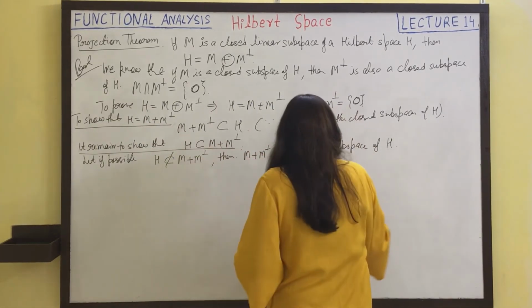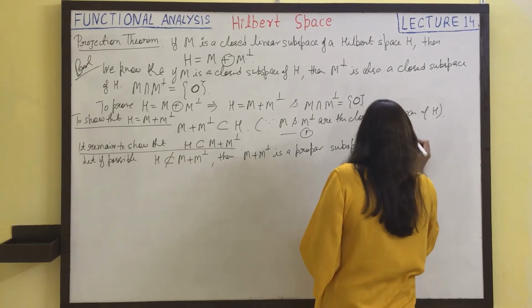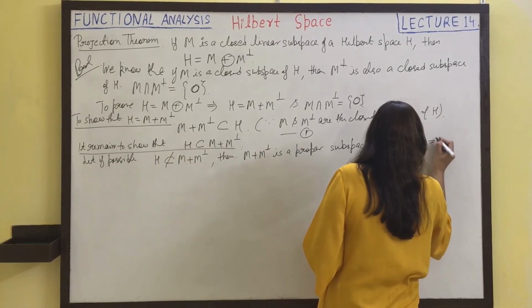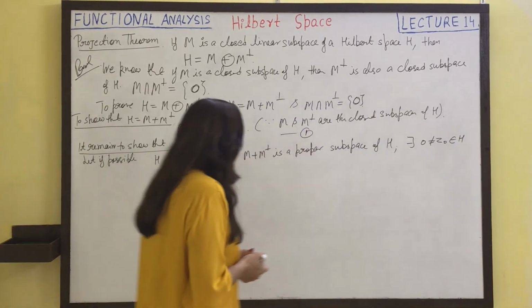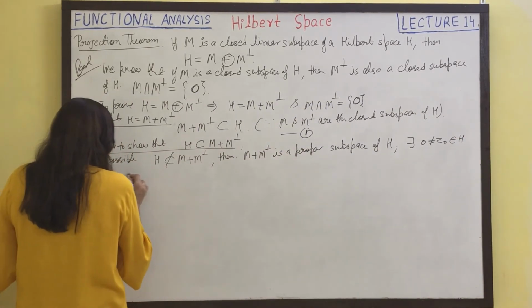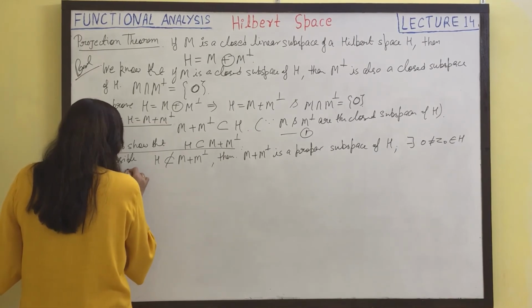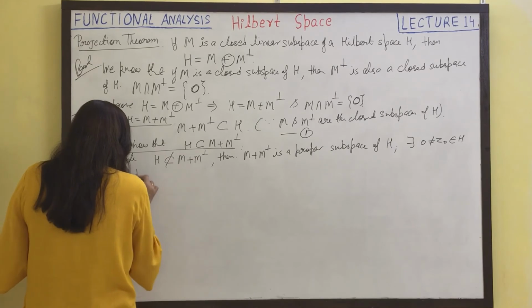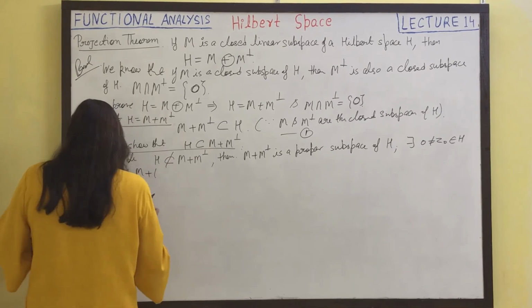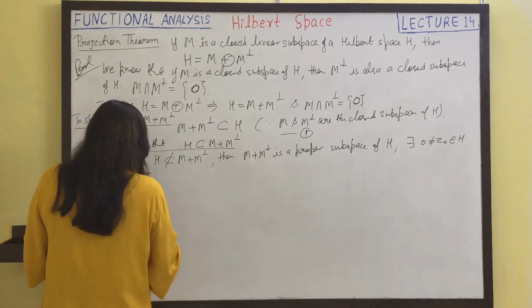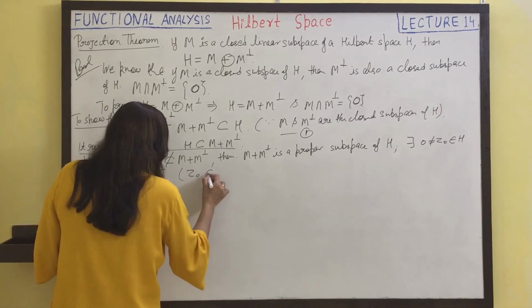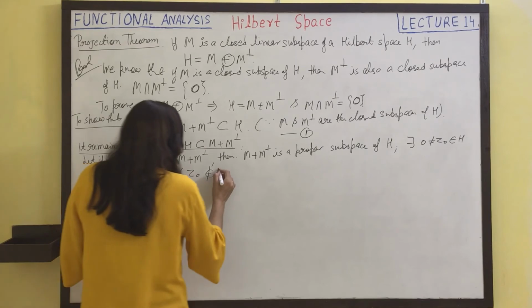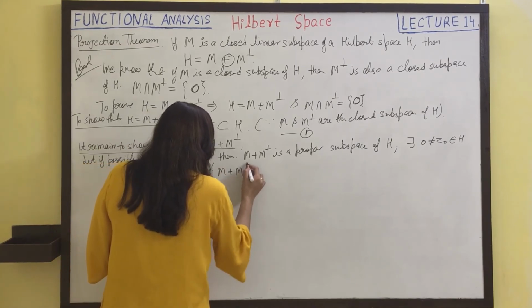Z0 in H such that Z0 is perpendicular to M plus M perp. Here Z0 does not belong to M plus M perp.